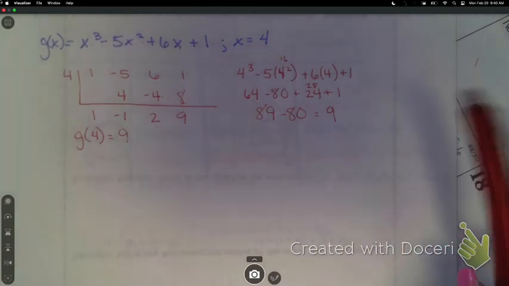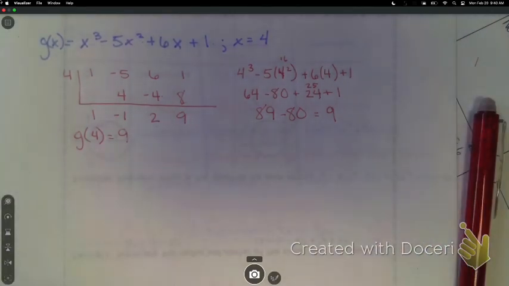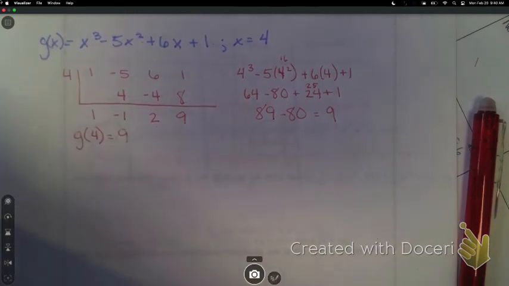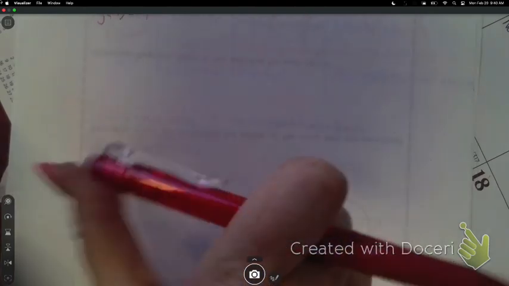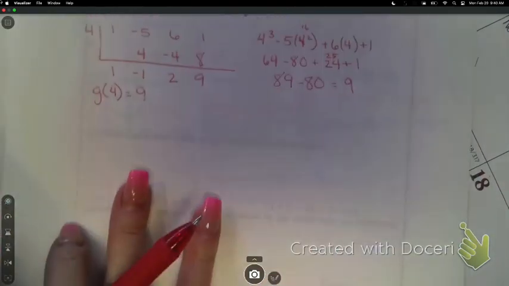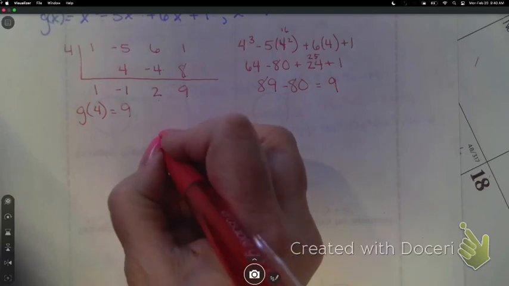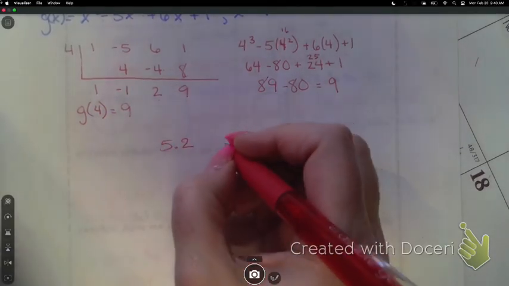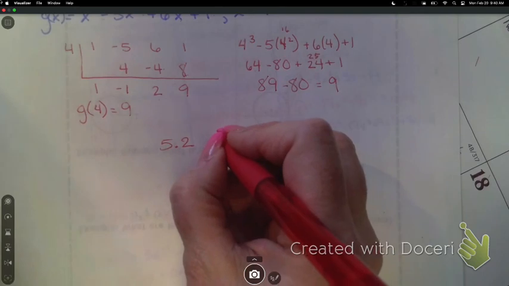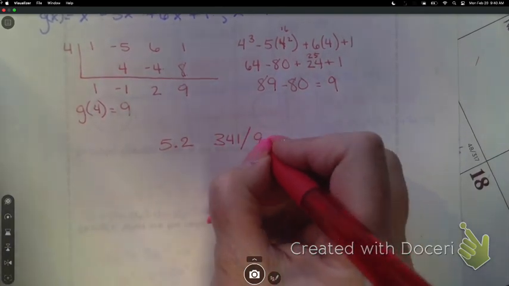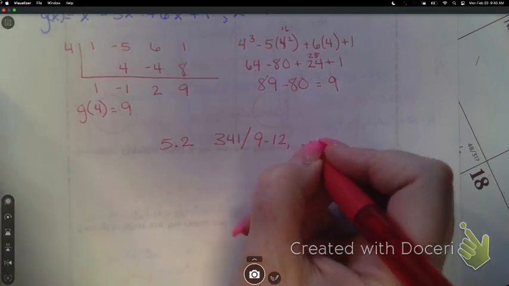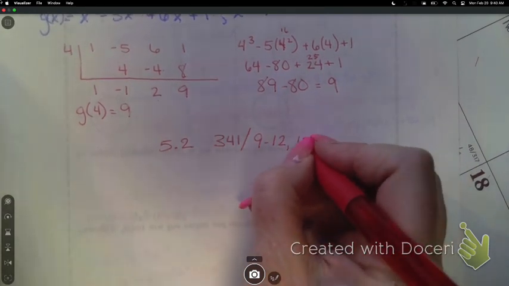Alright, so today, I didn't write the actual assignment on the board. It's on the classroom. It is 5-2, page 341, 9 through 12, and 15 through 22.